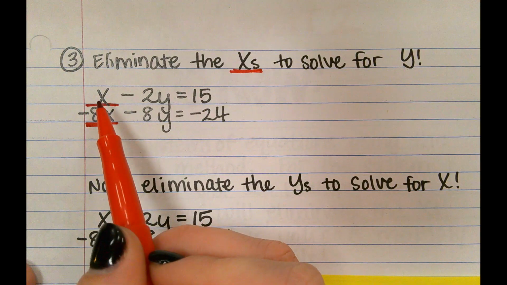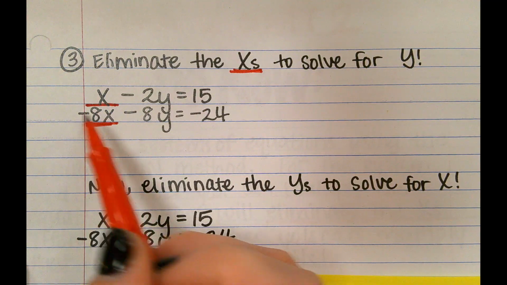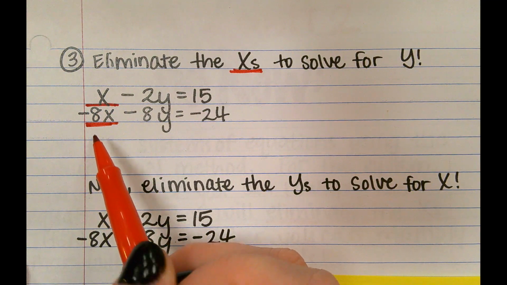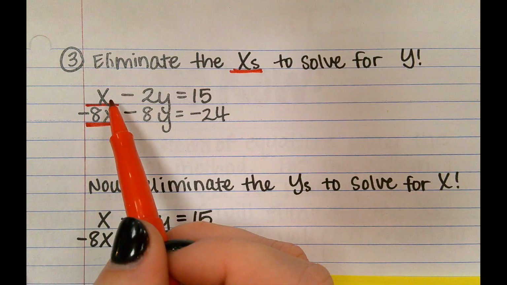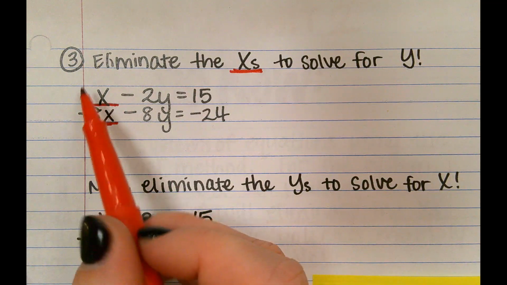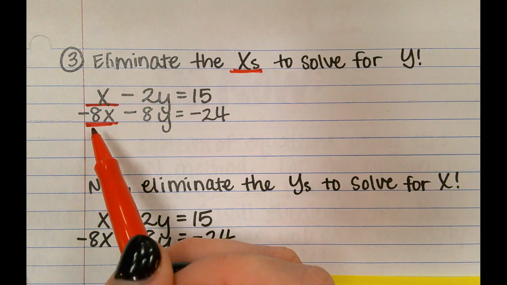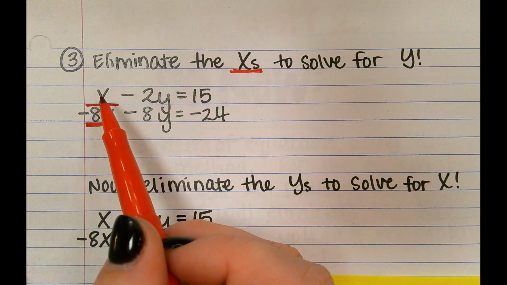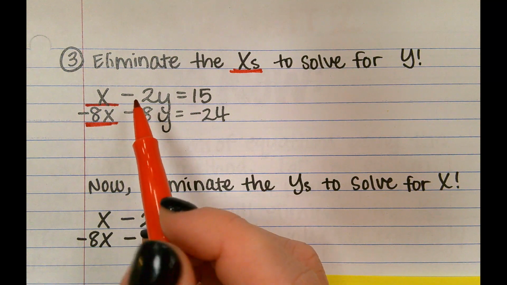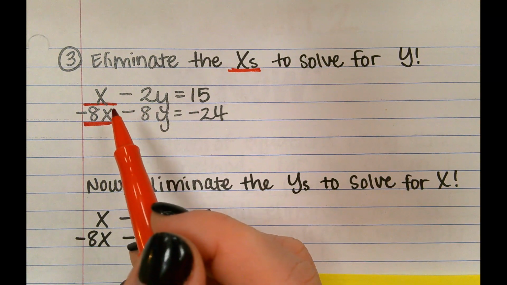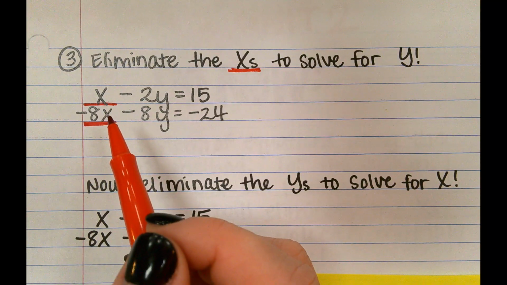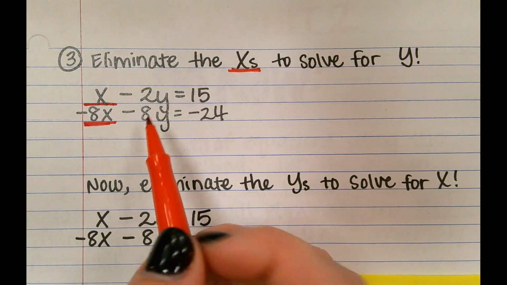I have a positive 1x and a negative 8x. What do I need here to get negative 8x to go away? Positive x. You are correct. That's good.